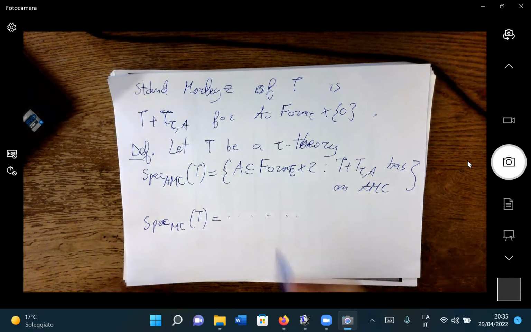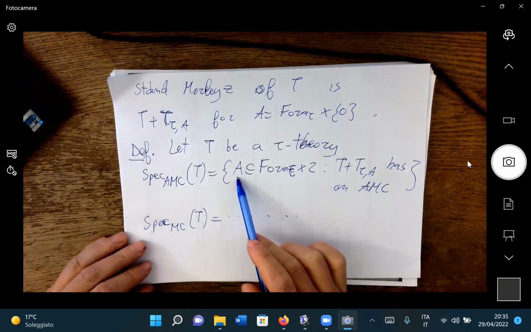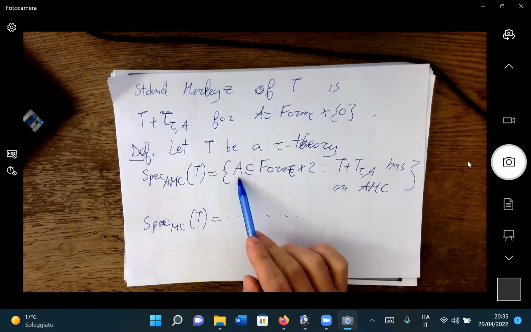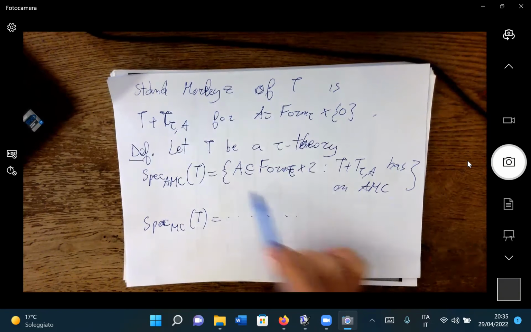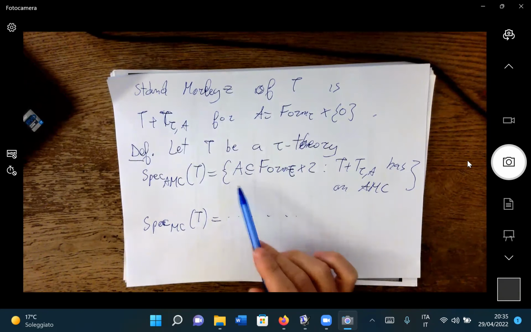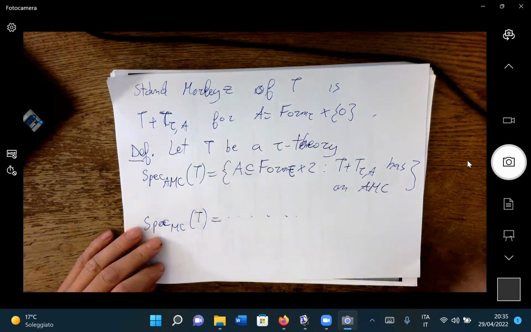Okay, so this is a complicated invariant because if you have a countable theory, you are attaching a subset of the reals. You can possibly have 2 to the aleph_0 many A in the spectrum.